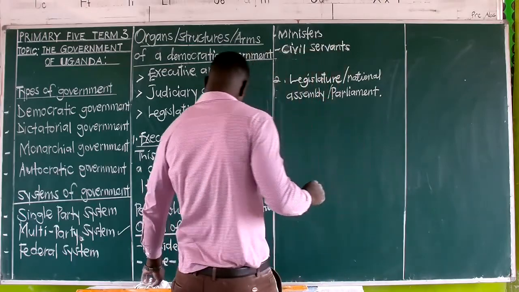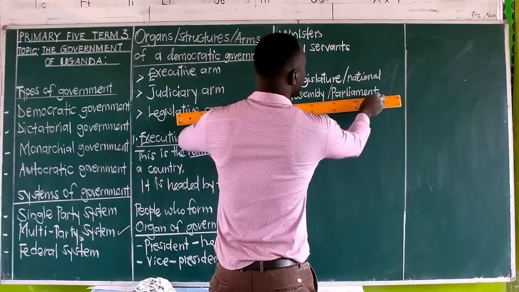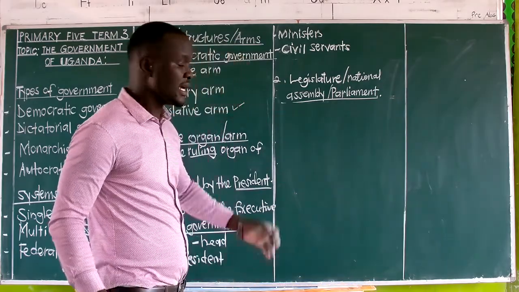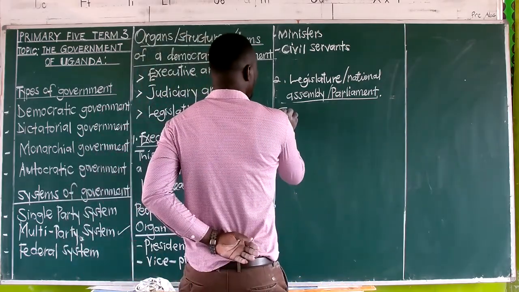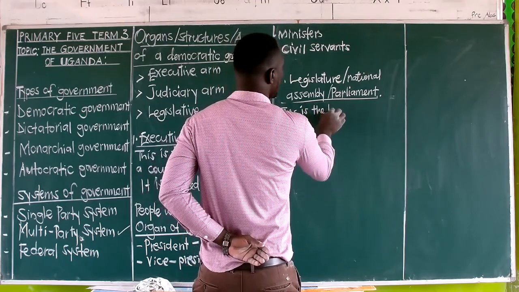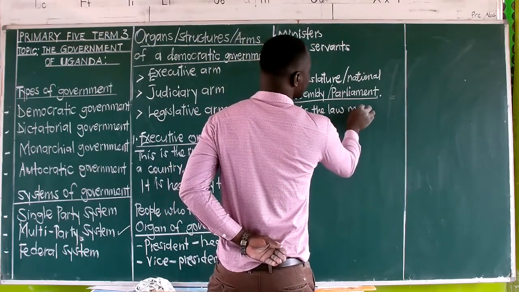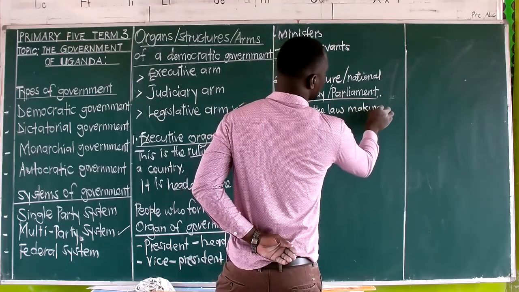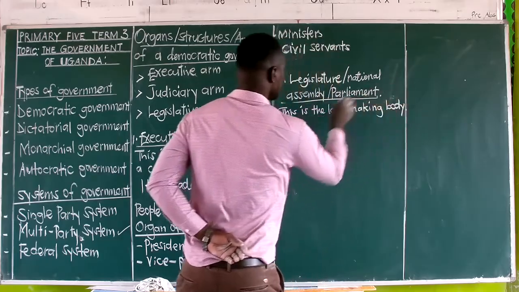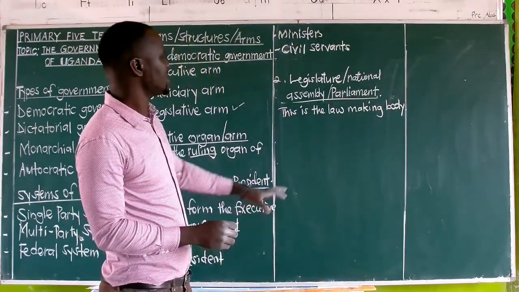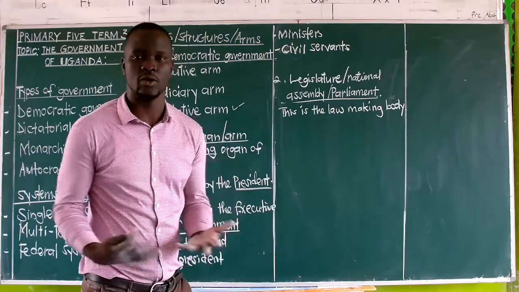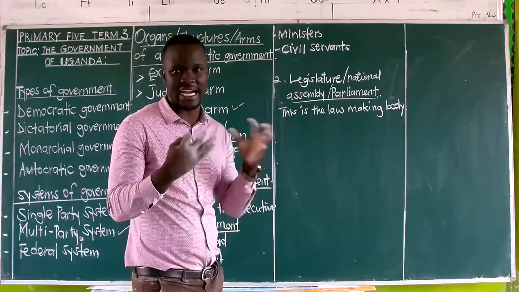Now, as we can see, the Parliament, which means we are now going to look at what is in the Parliament. What we are going to say is that this is the law-making body. This is the main role of the Parliament. It's a law-making body in a country, which means it is responsible for making and amending the laws that are used in a country.